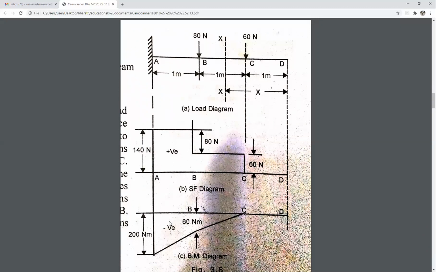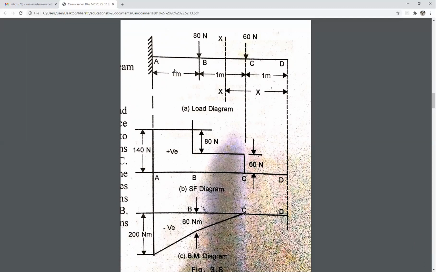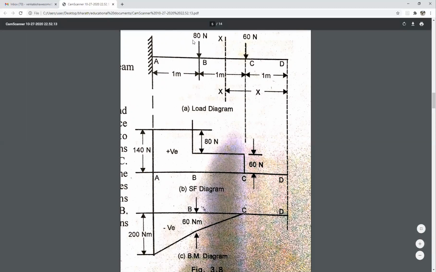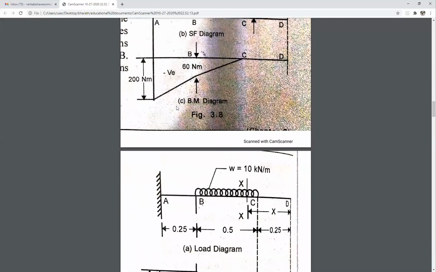At the fixed end, previously 60 newton meters, plus the force 80 into its distance. 60 plus 80, 140 as usual. Here 200 represents that.